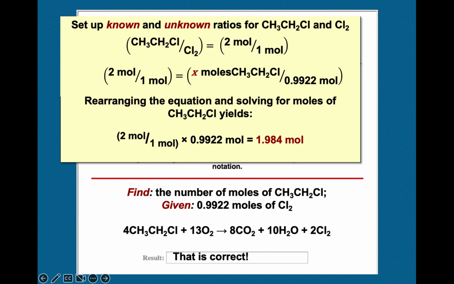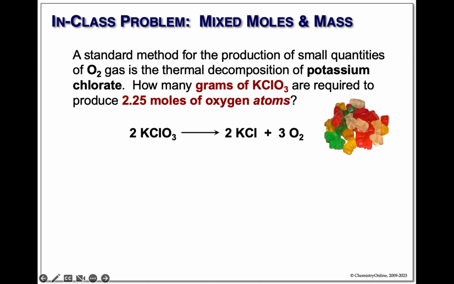Well, let's change the flavor here just a little bit. This is another final exam question. It's our gummy bear reaction, where we take potassium chlorate, heat it up, get potassium chloride and oxygen gas. Just to make it a little different, instead of molecular oxygen O2, I asked for it in terms of oxygen atoms.